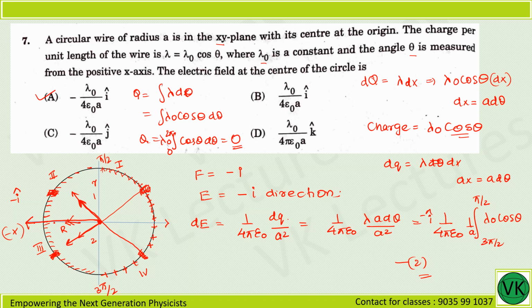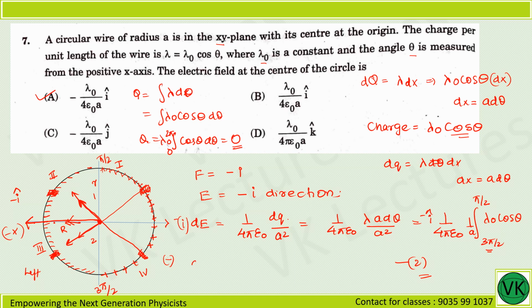So this is what we have calculated for the positive side, from 3 pi by 2 to pi by 2. Similarly, this is in the negative i direction, and again you have dE due to the negative side, that is from the left side.